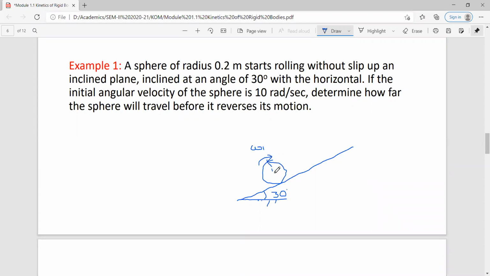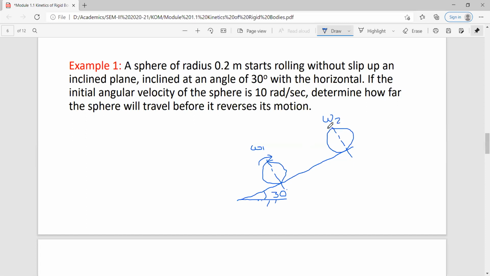Okay, so suppose it is the initial position of the sphere, and after some time it will come to this position. At this particular position, it changes its direction, it reverses its direction. So say it is position 2.